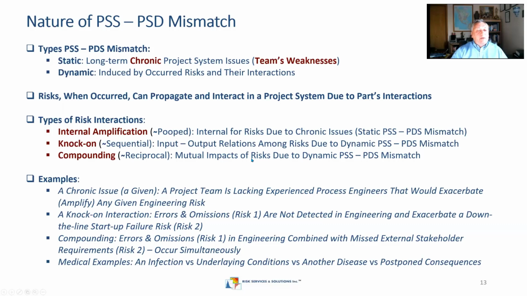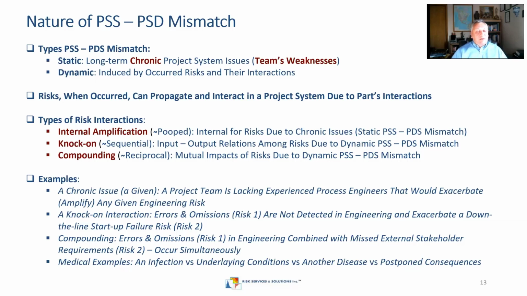So when risks happen, it's about the dynamic part. They propagate due to parts interactions. And again, we have three types of interactions now. One is internal amplification of standalone risks, it's the static PSS, PDS mismatch. Another one is a knock-on interaction, which is about input-output relations among the risks. And compounding is also a dynamic type of mismatch, when some risks happen simultaneously. Yeah, there are some examples. You can read them.